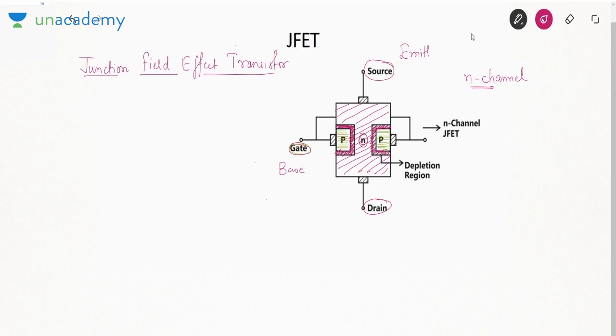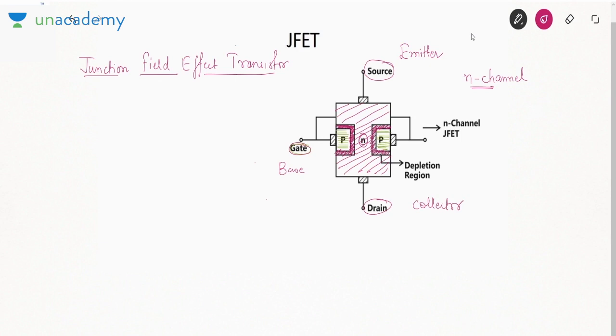In BJT we had emitter. What was the purpose of emitter? The purpose of emitter was to emit the charge carriers.